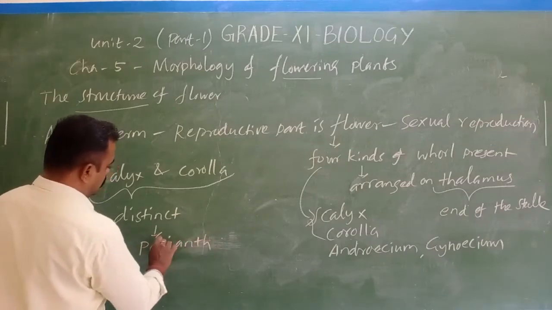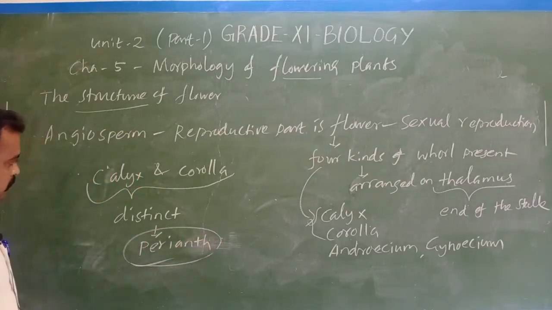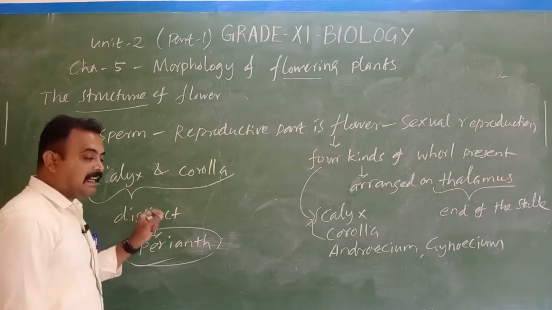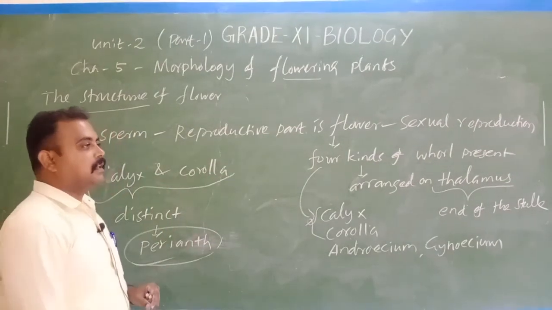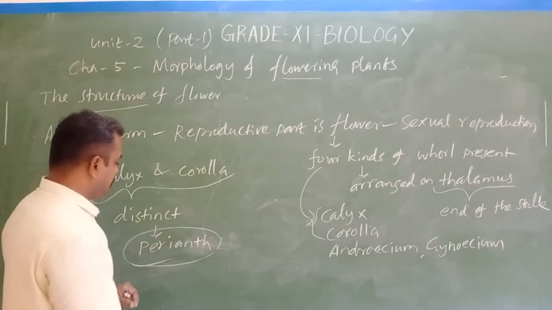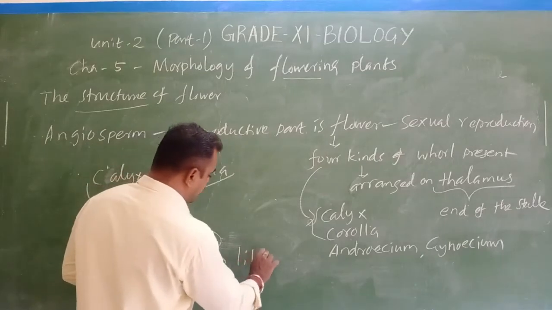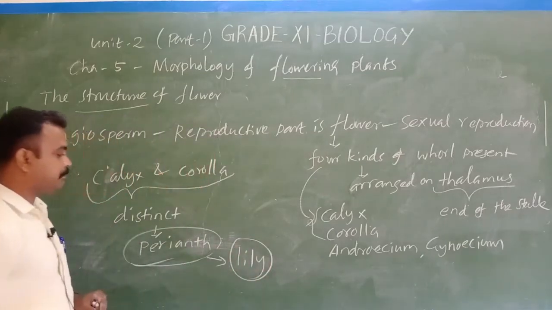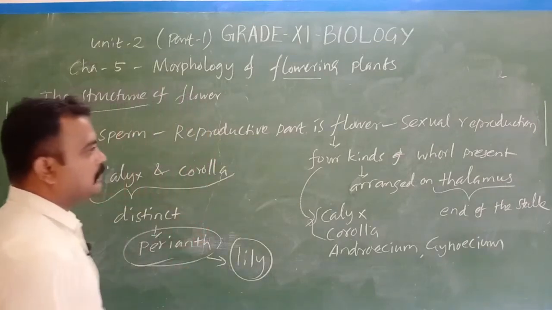It is called what? Perianth. Very important word. In the flower, if calyx and corolla are not well distinct, it is called perianth. This perianth is present in the lily flower. Example is lily. Here the calyx and corolla are not distinct.